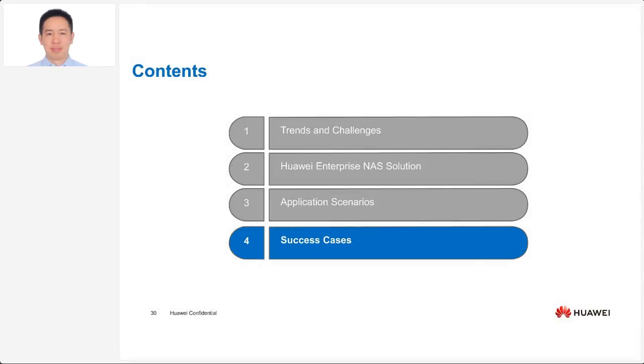So for sure, not only in finance but also in healthcare, these are very critical businesses.